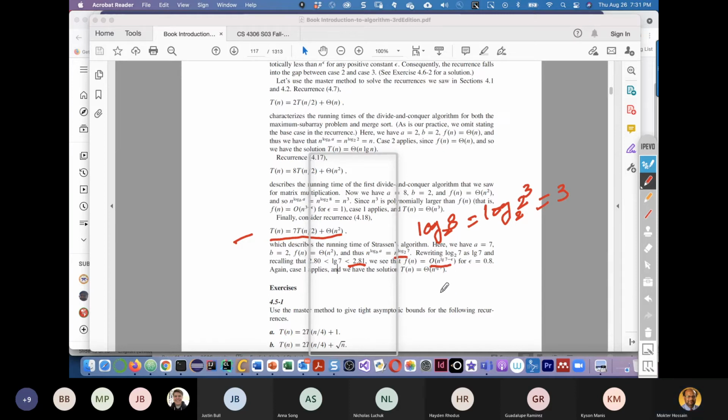Then here f(n) equals big O of n. What is log 7 with base 2? This is base 2, which is why they did not write 2 over here. So we got 2.8, and then we have minus epsilon.